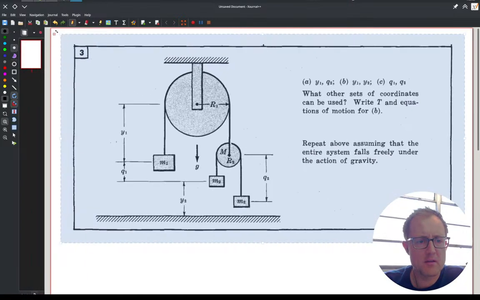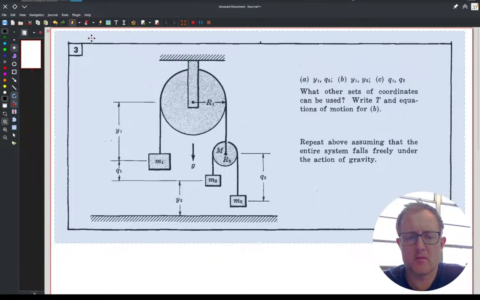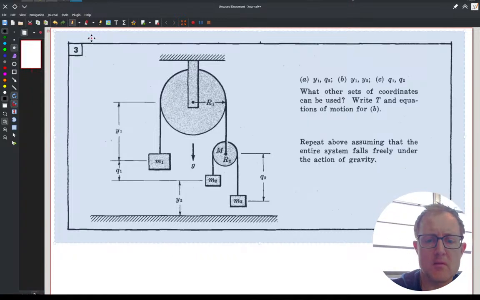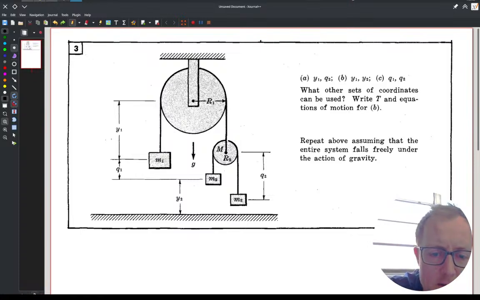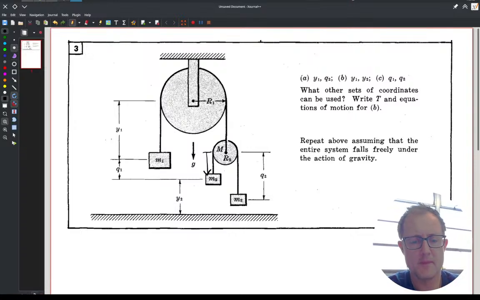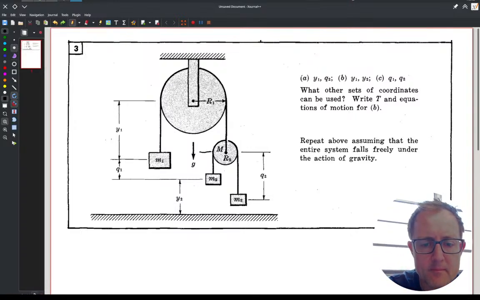Make it big. Because it's desperately trying to say that motion 2 and motion 3 are the same.